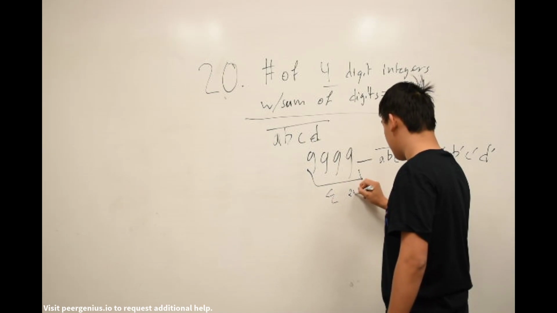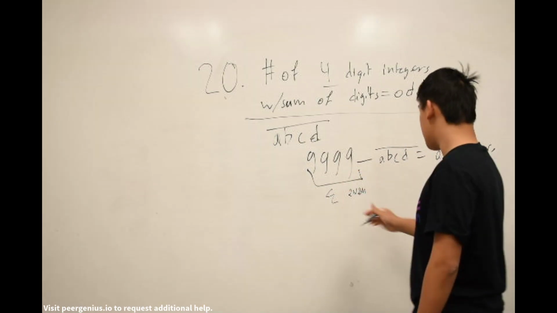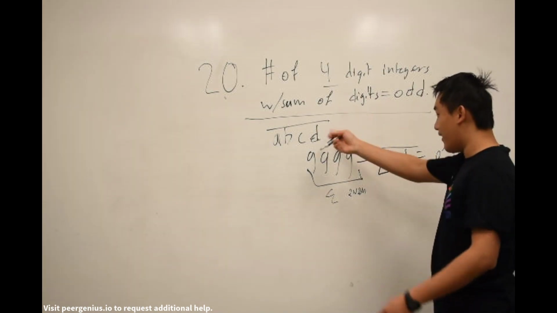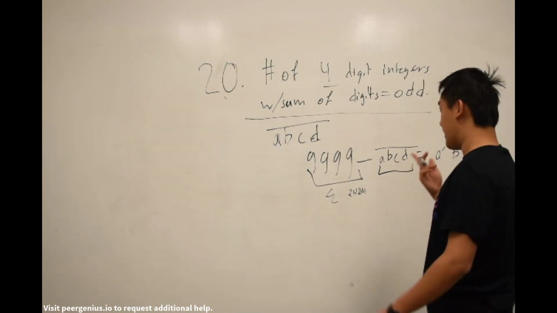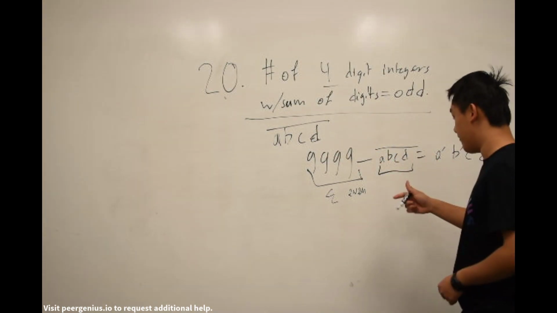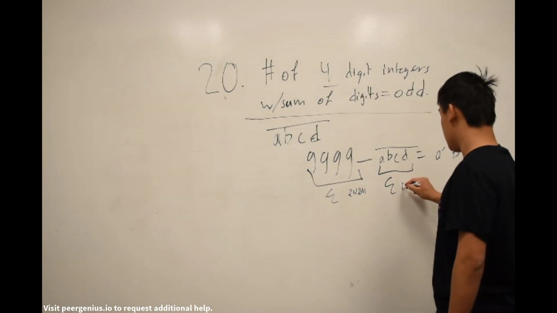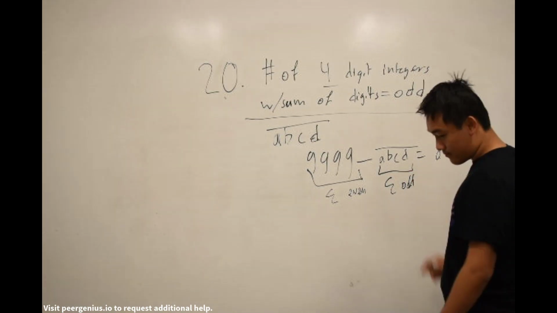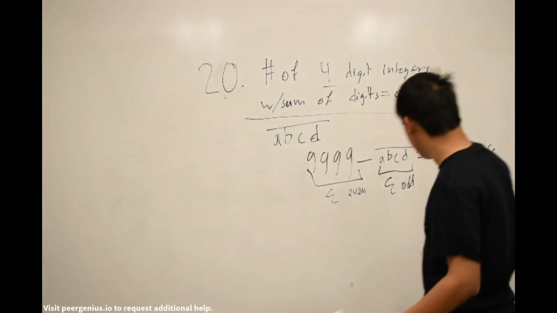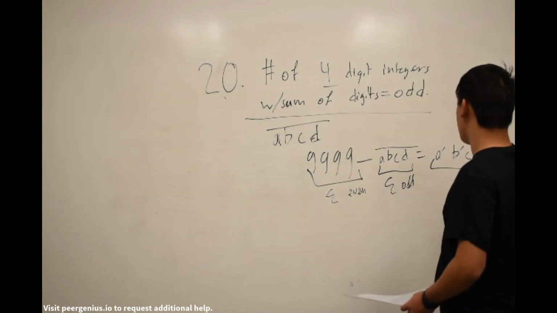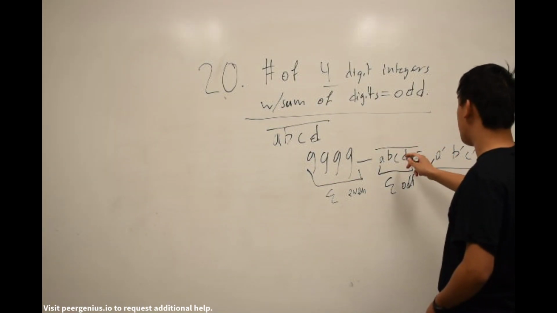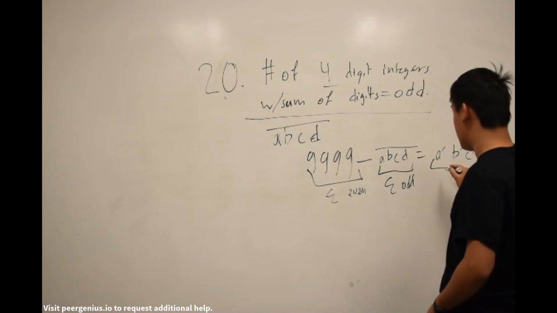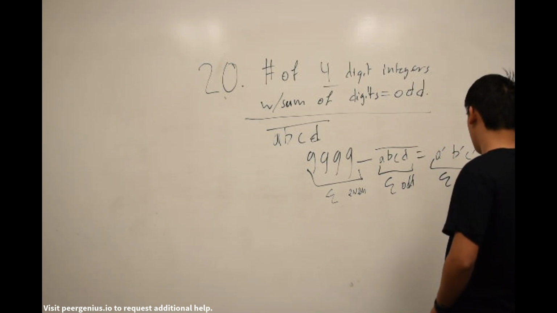Because we defined ABCD as a generic variable to have the sum of digits equal to odd, what can we conclude? We conclude that ABCD's mirror image also has an odd sum.